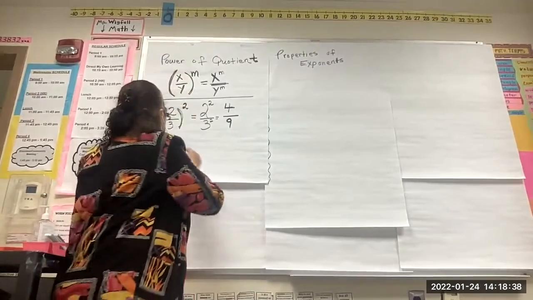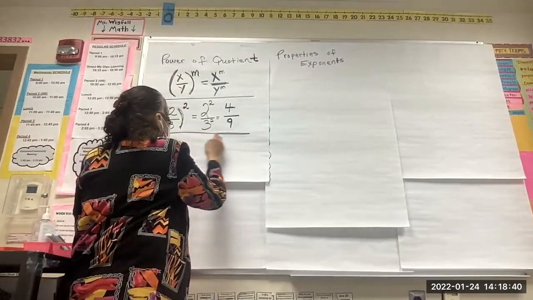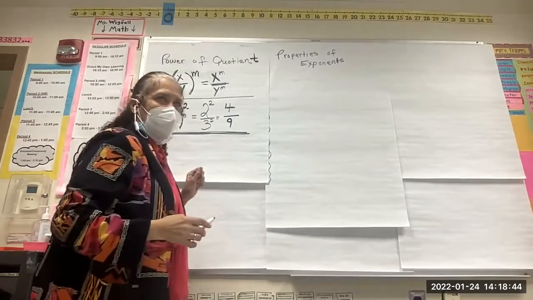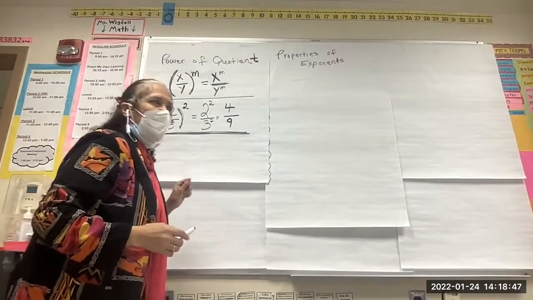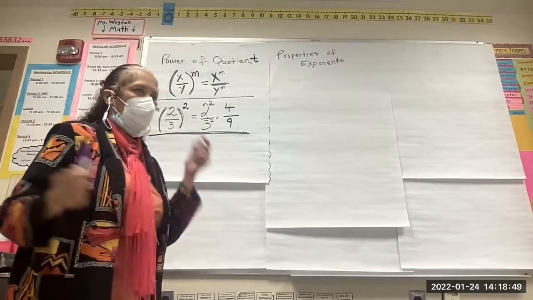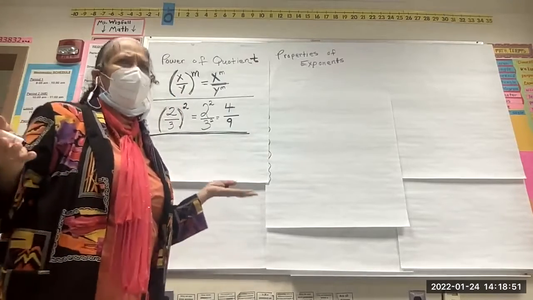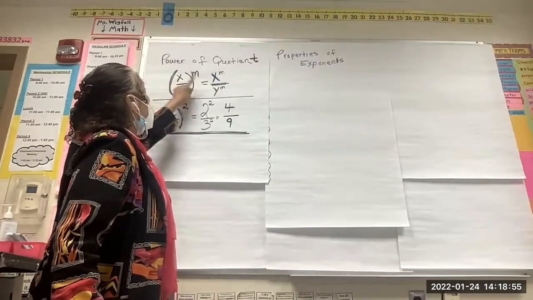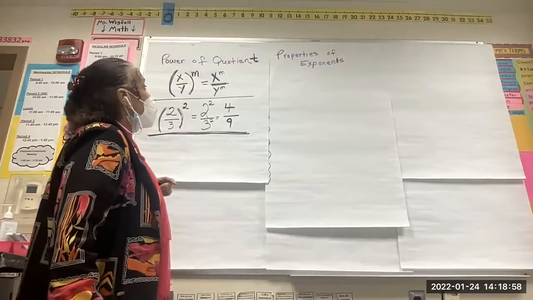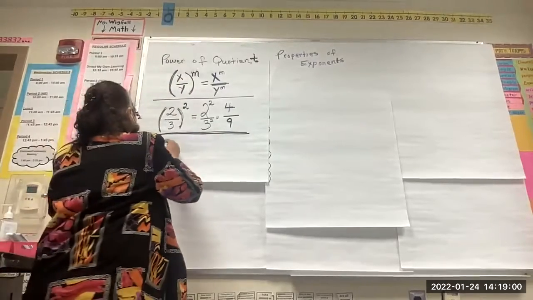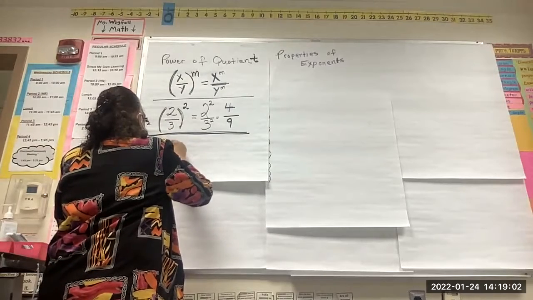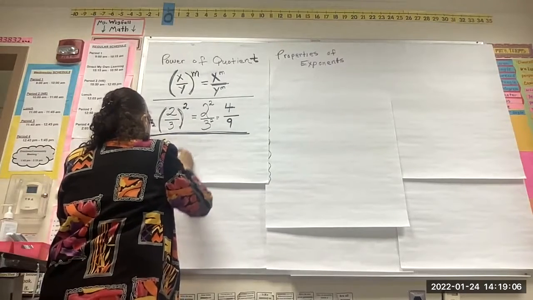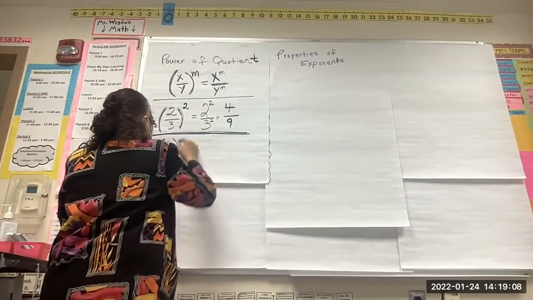Okay, I'm going to prove this using an easy number that you can see could be done without using the power. Sometimes you can do things 2 different ways, 3 different ways, 5 different ways. The objective of this lesson is just to show you how to do it as a power of a quotient. But suppose I had the number 2/4 to the power of 2.